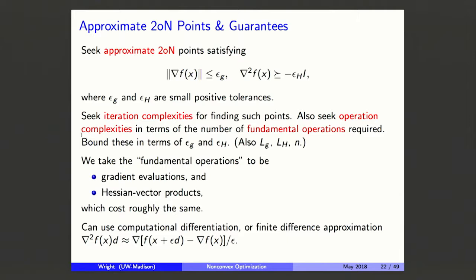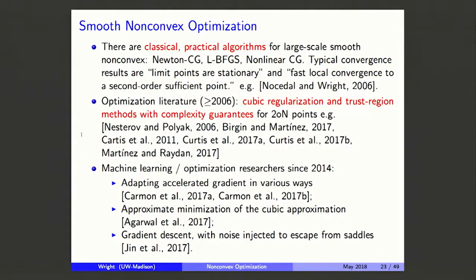And of course, there are ways of doing that. You can use computational differentiation, which will give you an exact Hessian vector product, or you could do a finite difference approximation to get an approximation to it. These things cost roughly the same, so I think it's justifiable to consider them jointly as the fundamental operation.